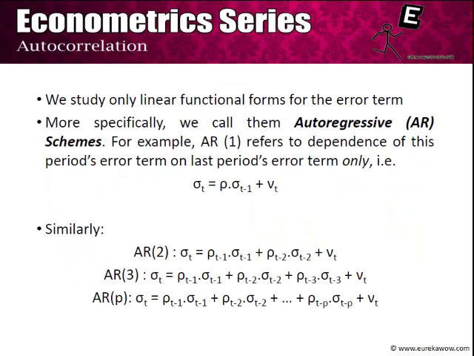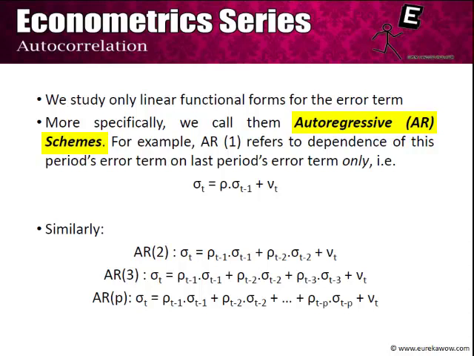To put it more formally, we study only linear functional forms for the error term. That is, forms wherein the error term in this period is linearly dependent on error terms in the previous periods. More specifically, we call them autoregressive or AR schemes. For example, an AR1 scheme refers to dependence of this period's error term only on the last period's error term.